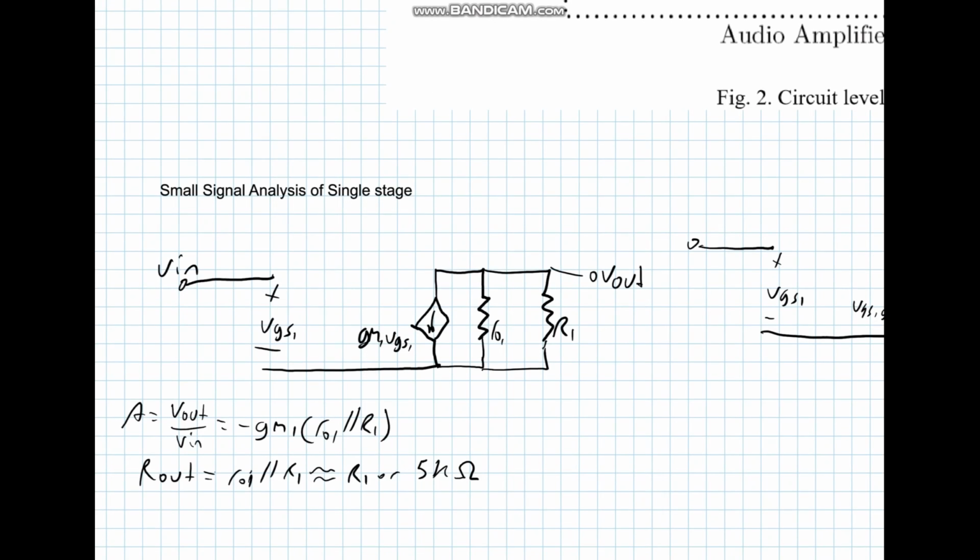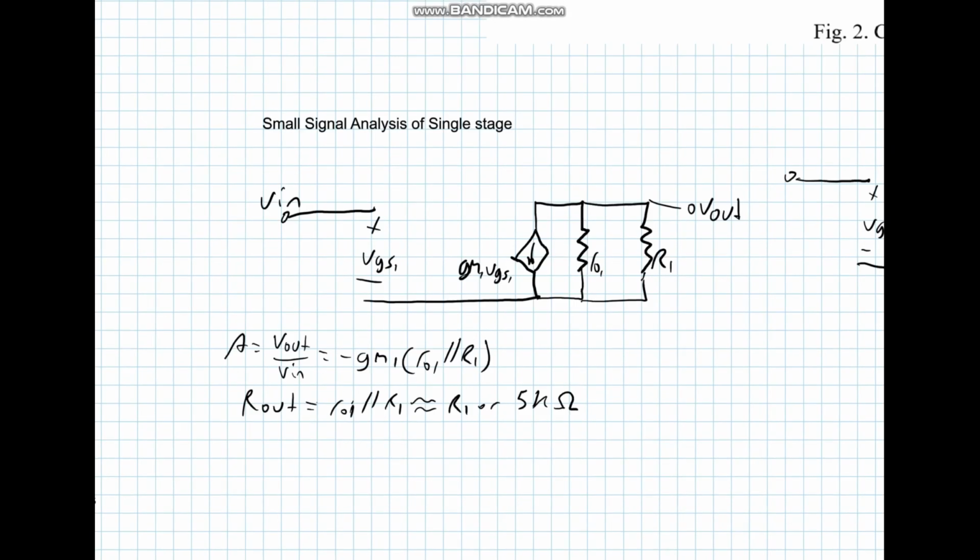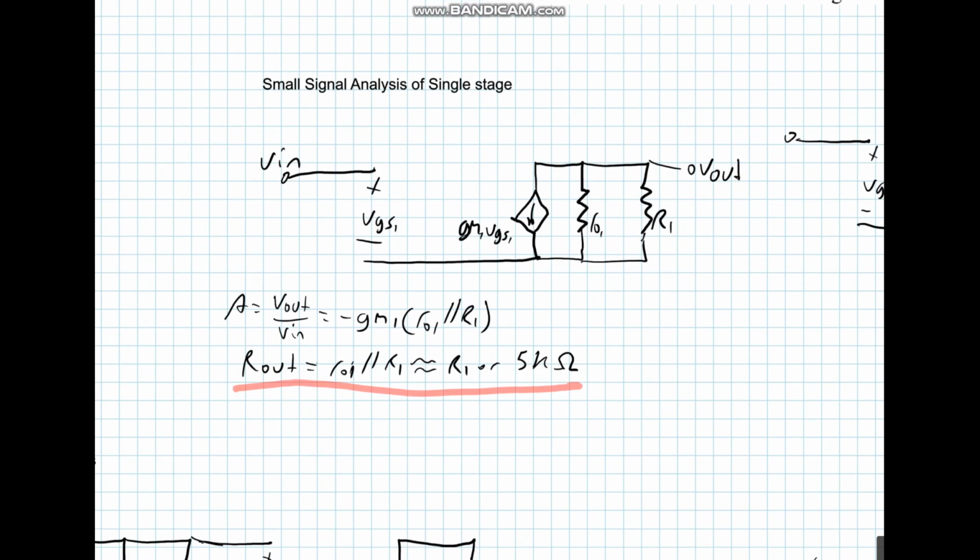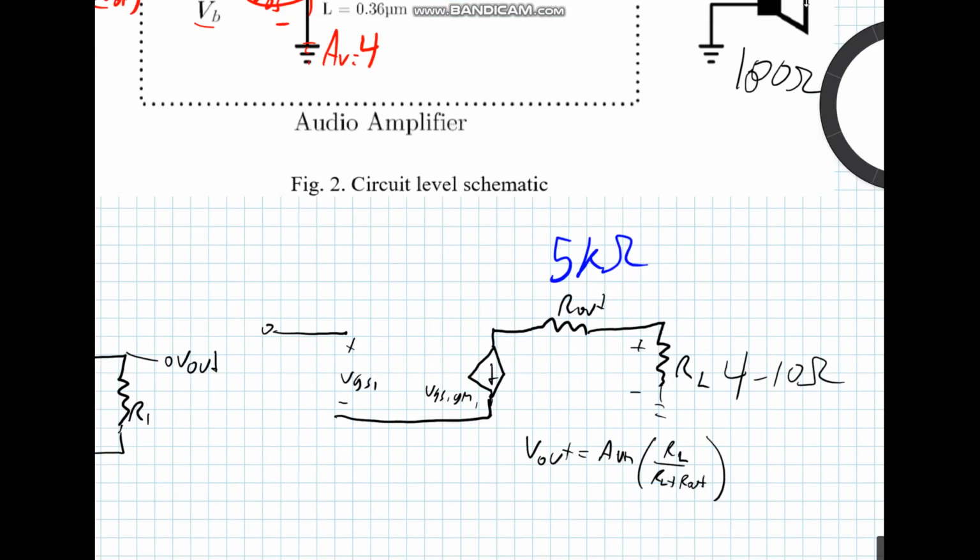Just looking at that first stage, we have a gain that is minus gm1 times R naught in parallel with R1. The output resistance is about 5 k ohms. The voltage drop across this resistor, our load, V out, is something like, worst case, 4 ohms over 5,004. It's a very small ratio.